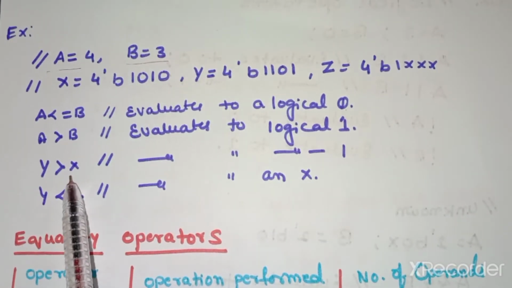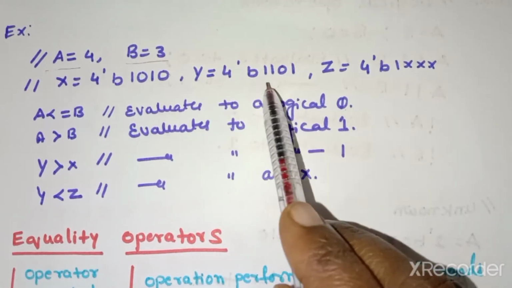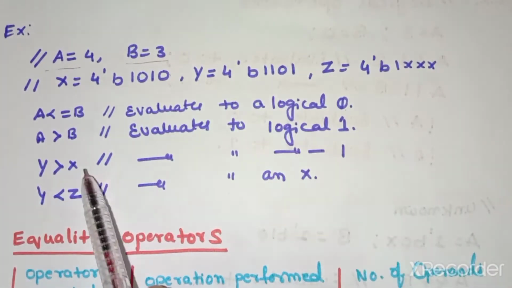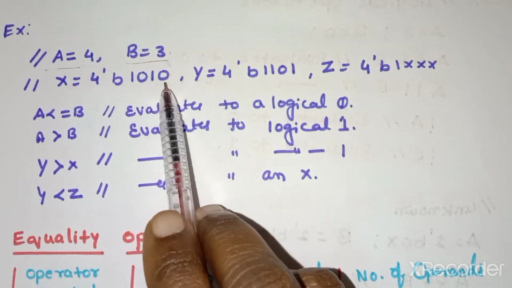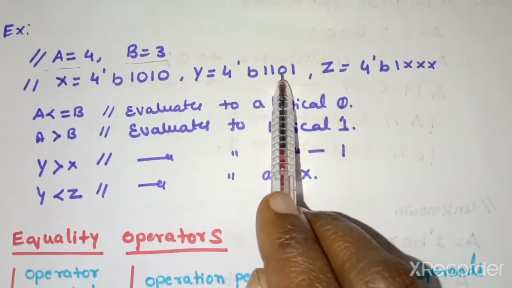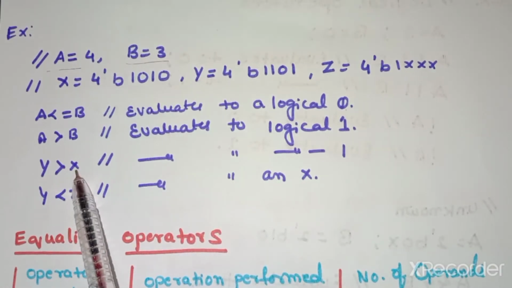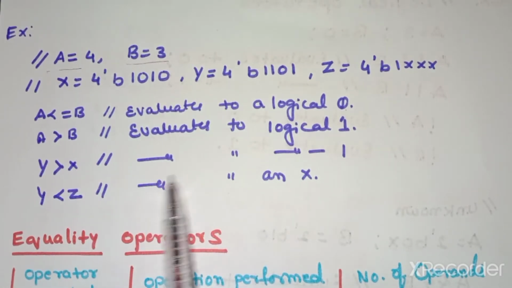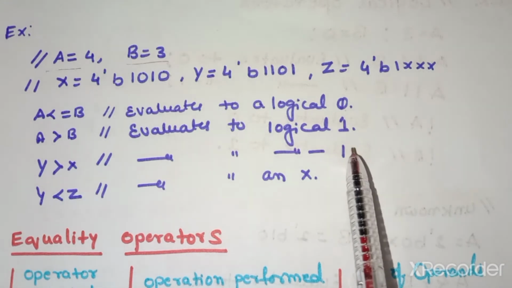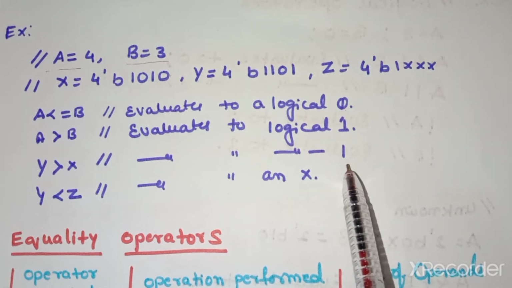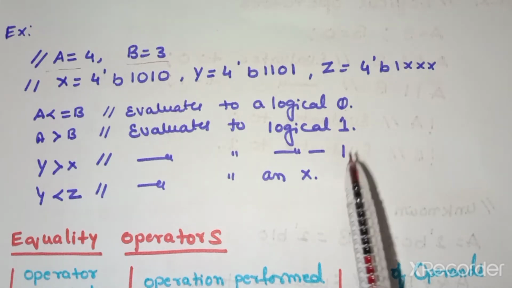Similarly, y is greater than x. What is your y value? That is 1 1 0 1. X value is 1 0 1 0. If you convert these two to decimal, then you will get y is greater than x, and its value is logical 1. If it is true, it is always going to give you the 1. If it is false, it is 0.